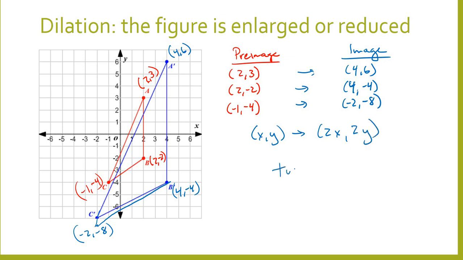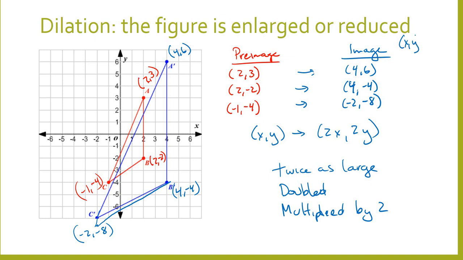So this post image is twice as large, or it has been doubled. And to do that, I have multiplied both the x and the y by 2. So our general rule for our dilations is that my x, y goes to some number times x and the same number times y. That's my general rule.